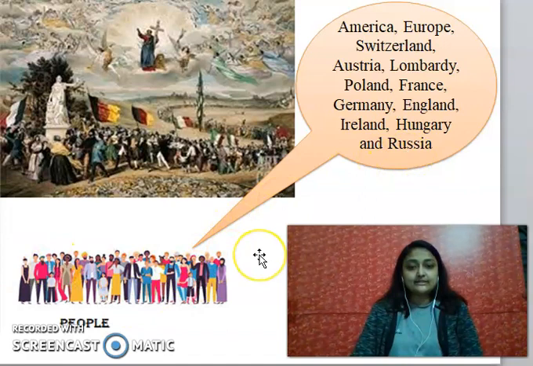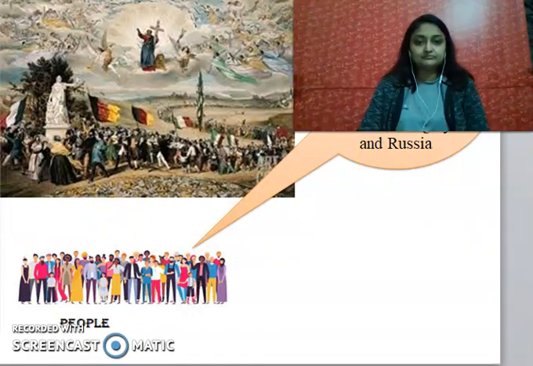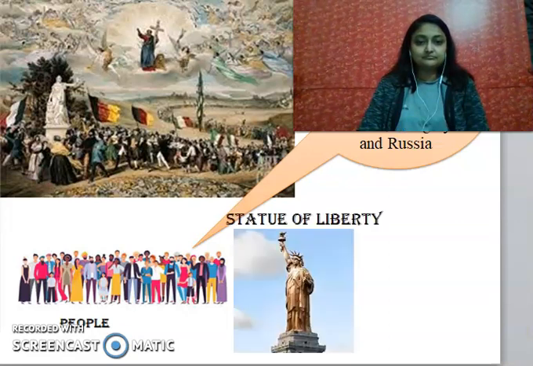Now post this, what are the other things you can find? That is the Statue of Liberty. The one which you can find here is the present Statue of Liberty, which is located in New York. But the painting was done in 1848.